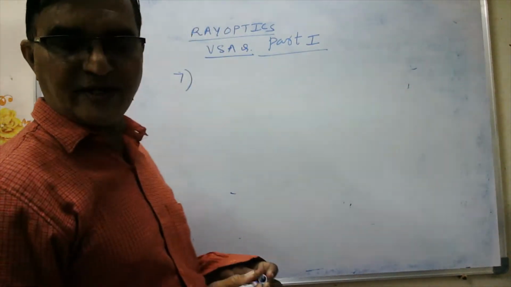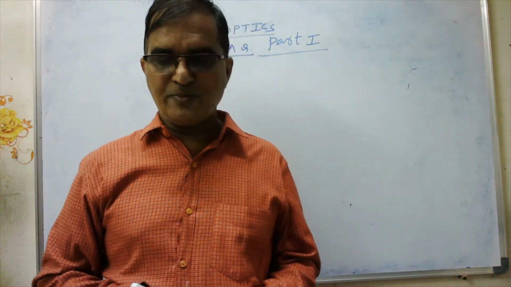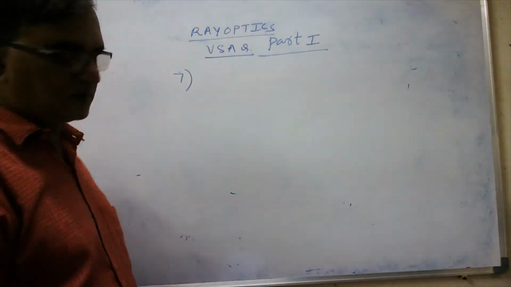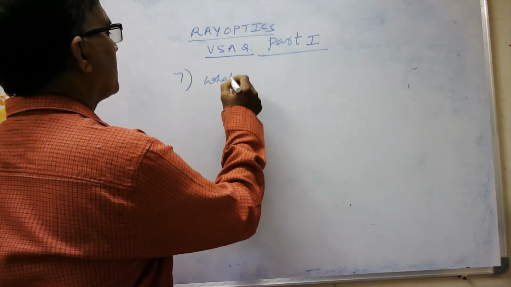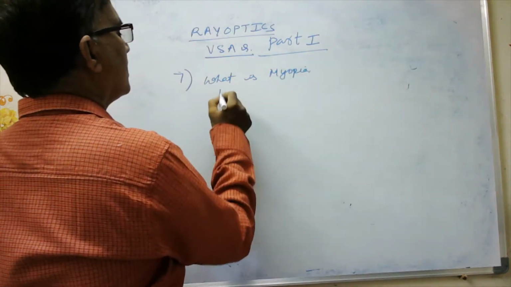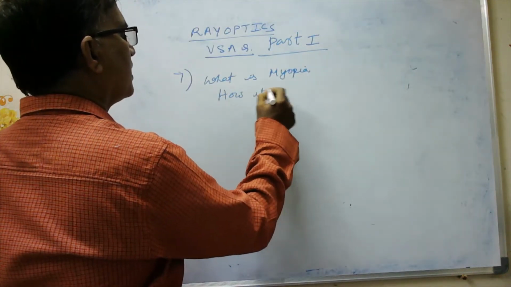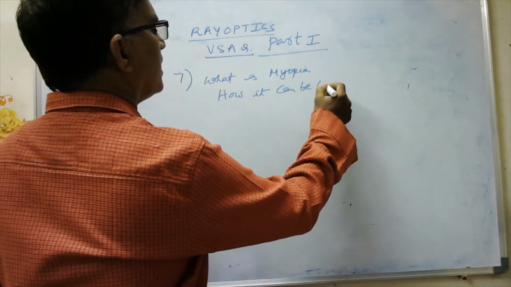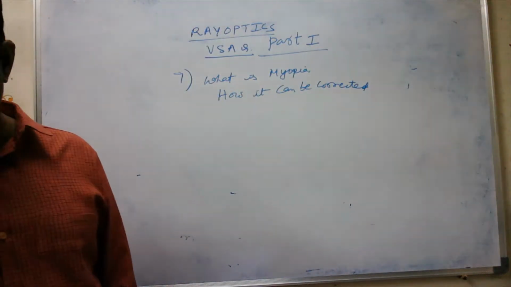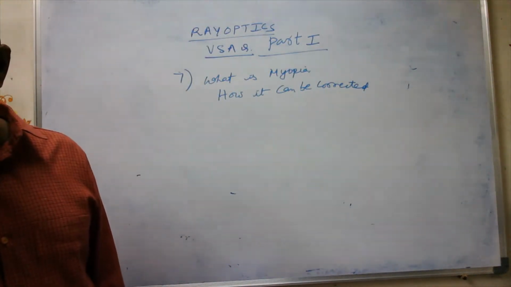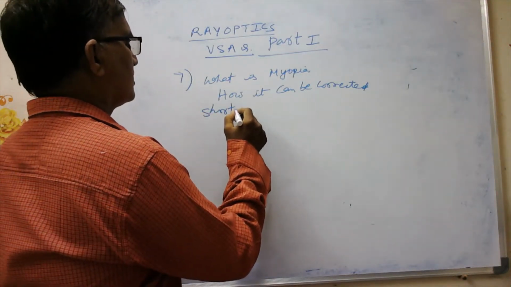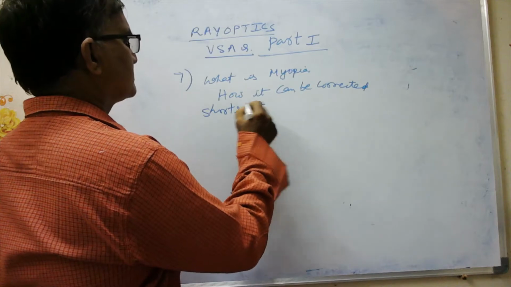What is myopia and how can it be corrected? Myopia means it is short-sightedness. You can see near objects but cannot see farther objects.